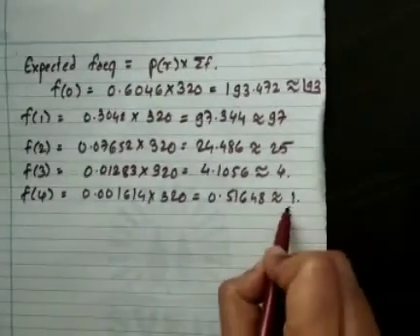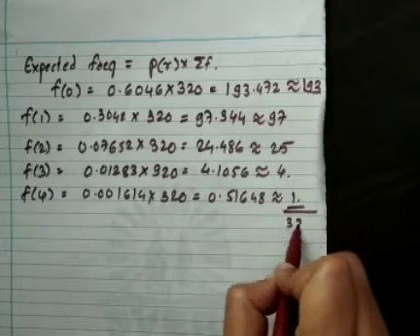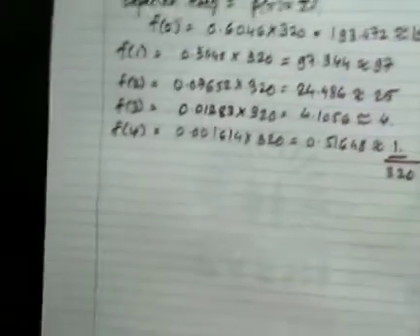And just check out the summation. If it is 320, then we are through. Yes, it is 320.